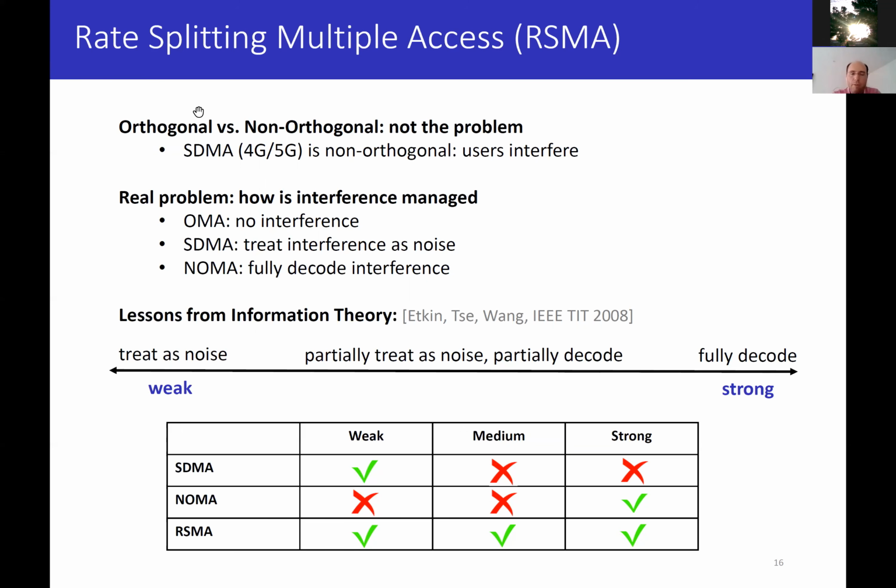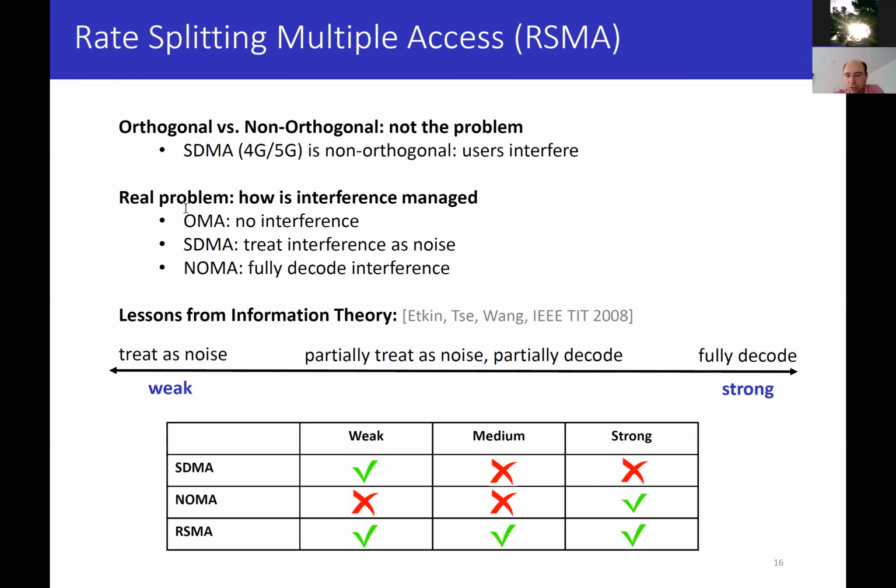If you use MMSE precoding, for instance, or regularized zero-forcing precoding, even if you have perfect channel state information at the transmitter, the messages will interfere with each other. So users already interfere when you have SDMA techniques. In my view, the real problem is how the interference is managed. And that's where you really see the difference between the different multiple access techniques.